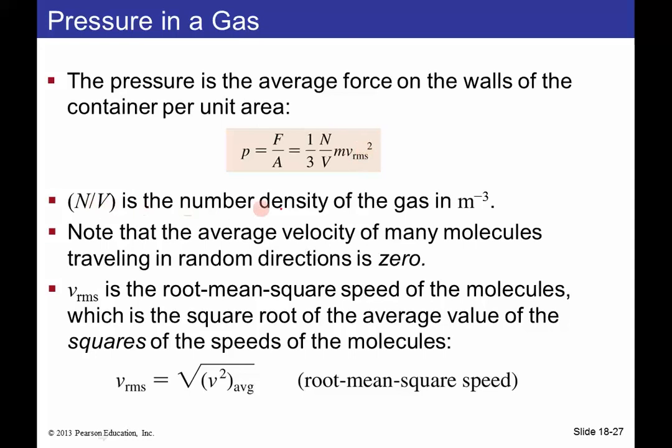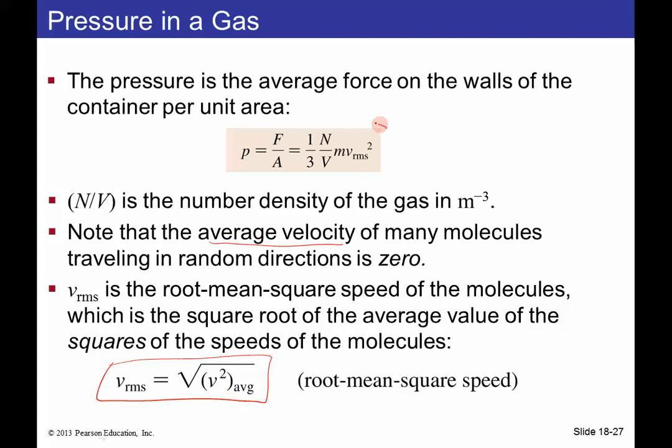So N over V is just the number density, and the average velocity of many particles traveling in random directions, remember, the average velocity is 0, but the square of the average velocity is not going to be 0. So VRMS is the root mean square speed of the molecules, which is the square root of the average value of the squares.